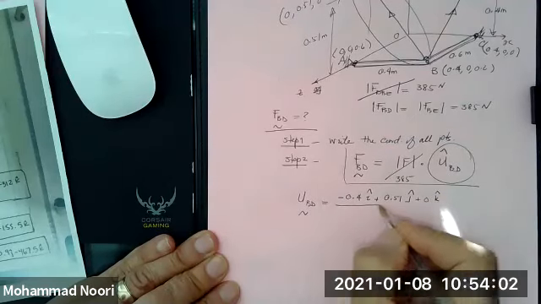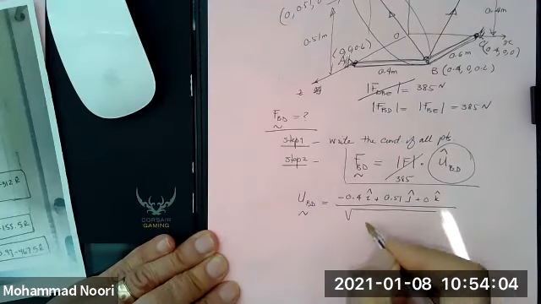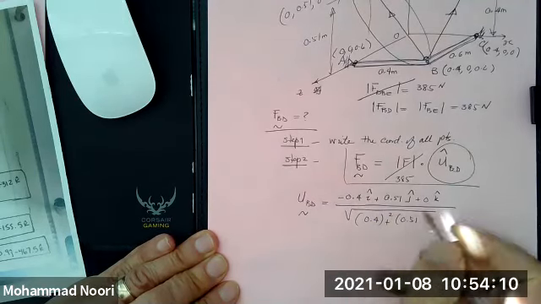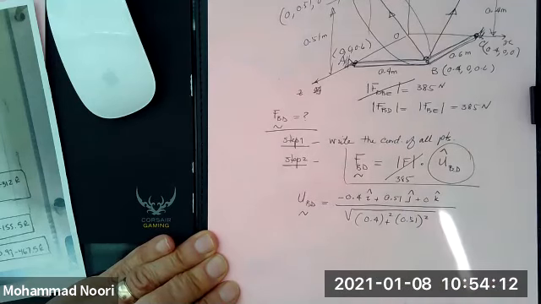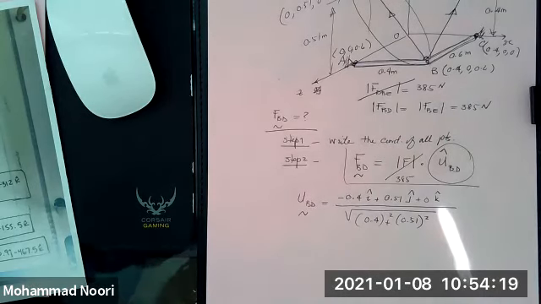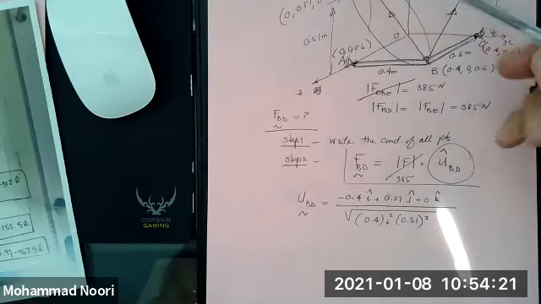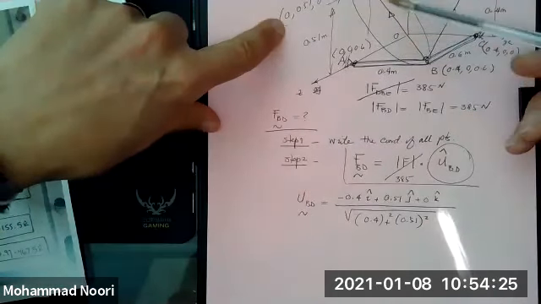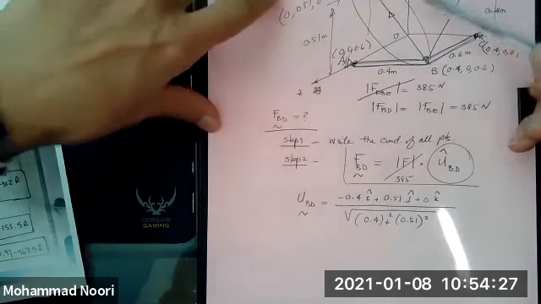Okay, so you have 0 K, divided by the square root of 0.4 squared plus 0.51 squared. And that's it. Okay, let me make sure that I did it correctly. The z coordinate of point D is 0.28.